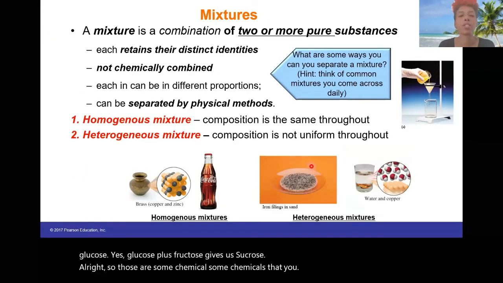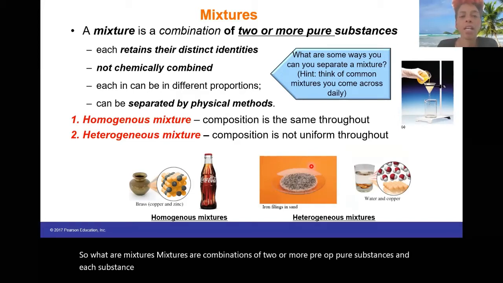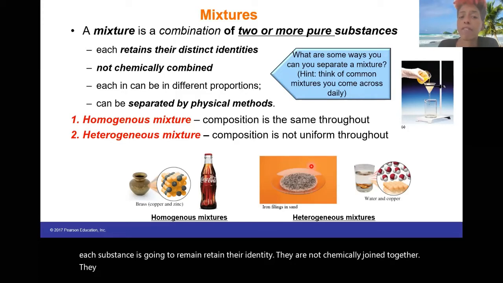So what are mixtures? Mixtures are combinations of 2 or more pure substances, and each substance is going to retain its identity. They're not chemically joined together. They can be in different proportions, and these can actually be separated by physical means.